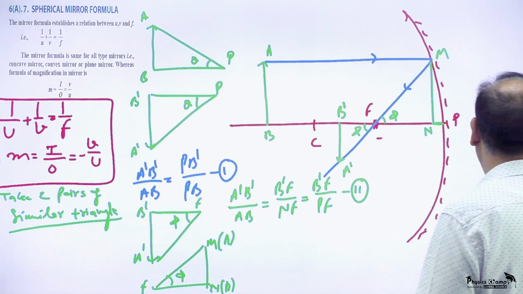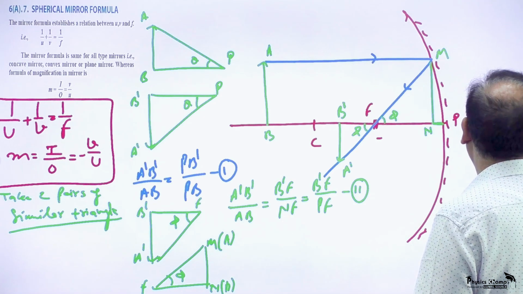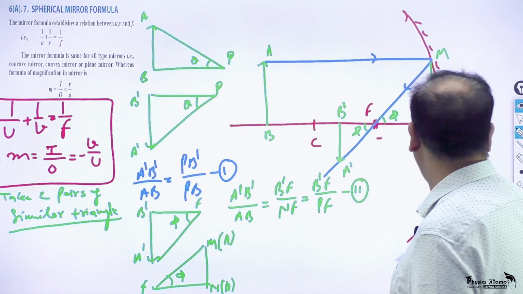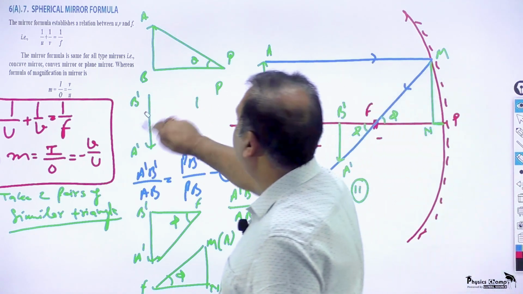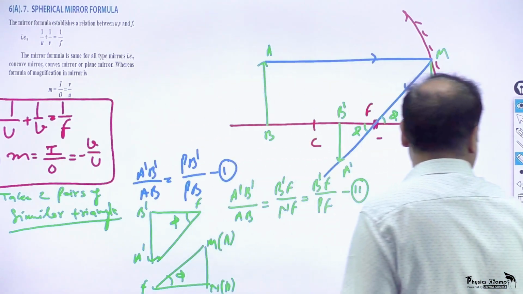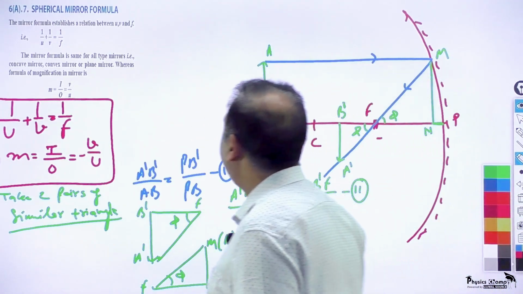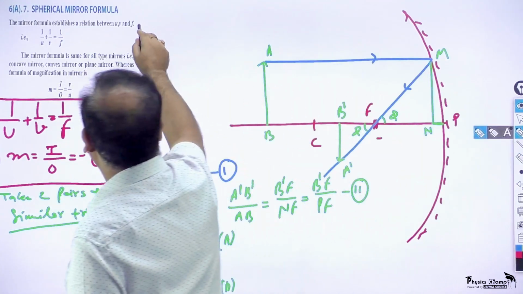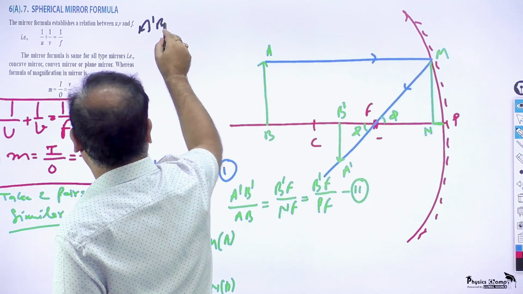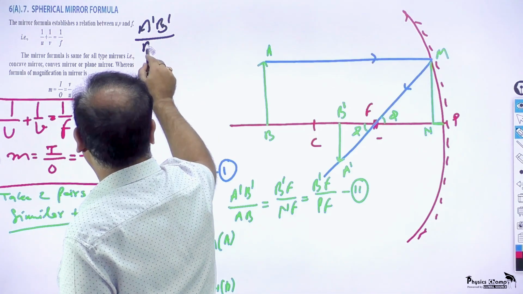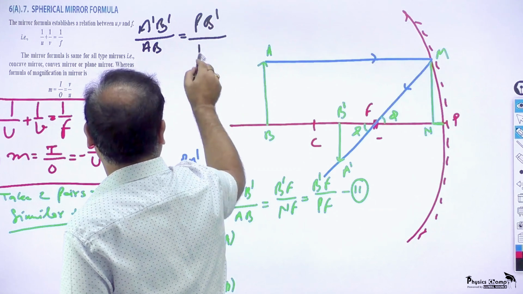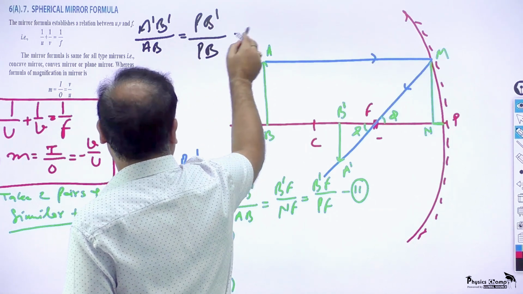I can write them separately. First, let's make a space here. And the result that we have obtained is A dash B dash divided by AB is equal to PB dash divided by PB, equation 1.